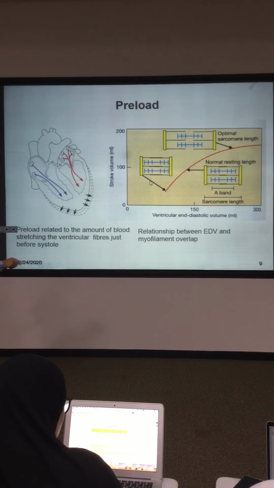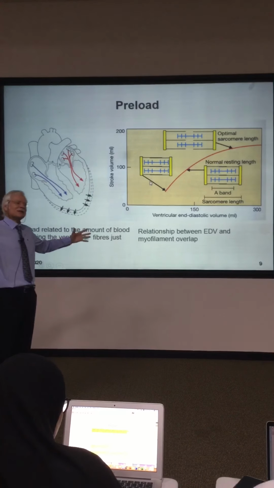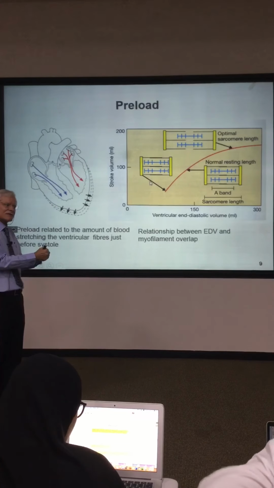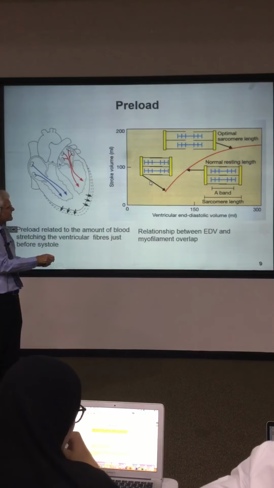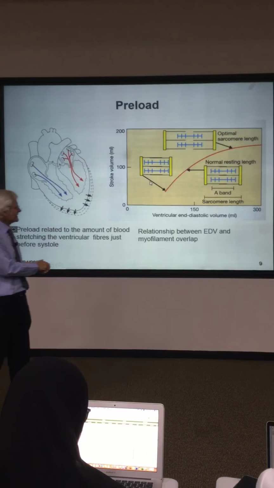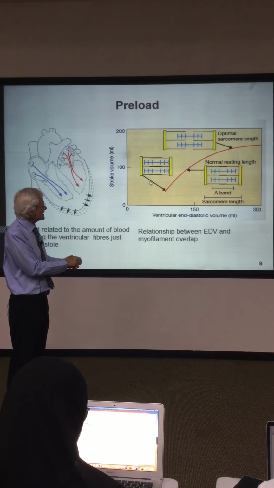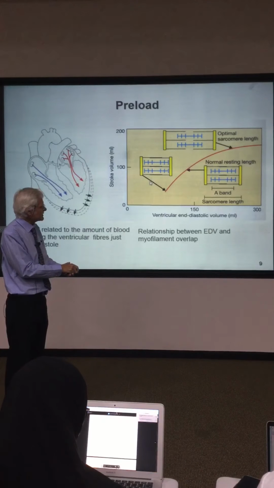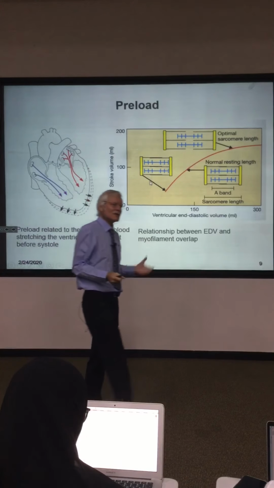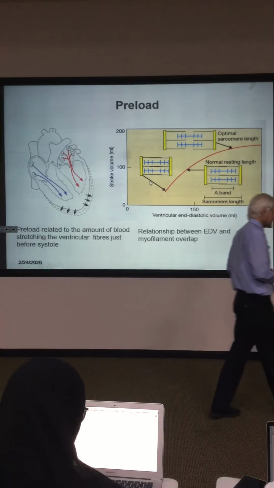What you can see from this diagram is as you increase the filling, as the heart blows up like a balloon, if you like, you get an increase in the stroke volume. And that's shown in this red line here. It doesn't go on forever, obviously, but you can see that there's a relationship between end diastolic volume and stroke volume. It's the Frank-Starling law that talks about this.